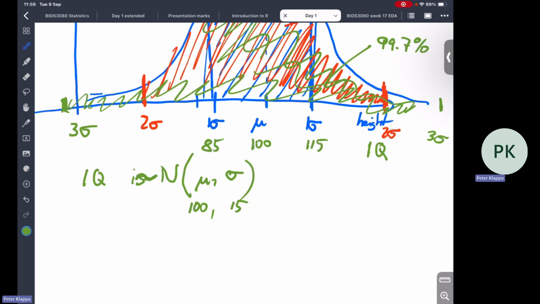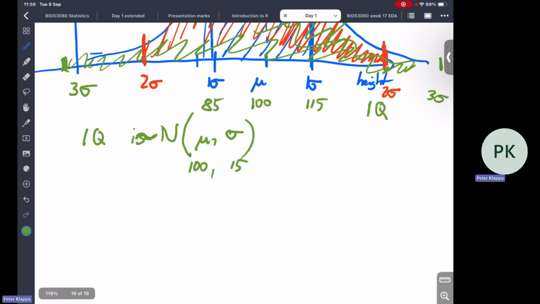I can also even say, okay, I've got 100 and let's say I've got 130 IQ. I wish. IQ is 130. How many standard deviations am I away from the mean?